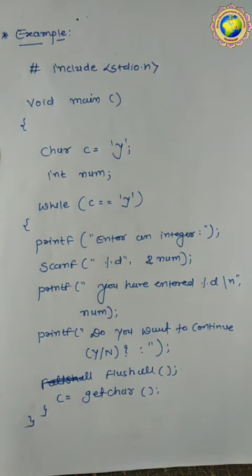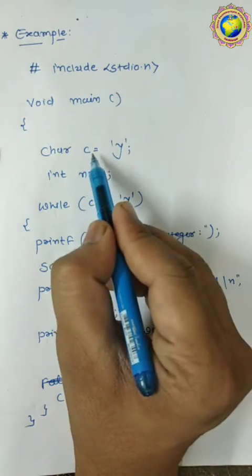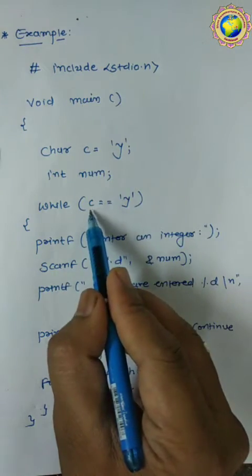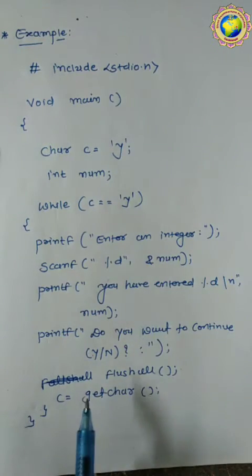So what happened: when the value of character c is y, then this loop continues.